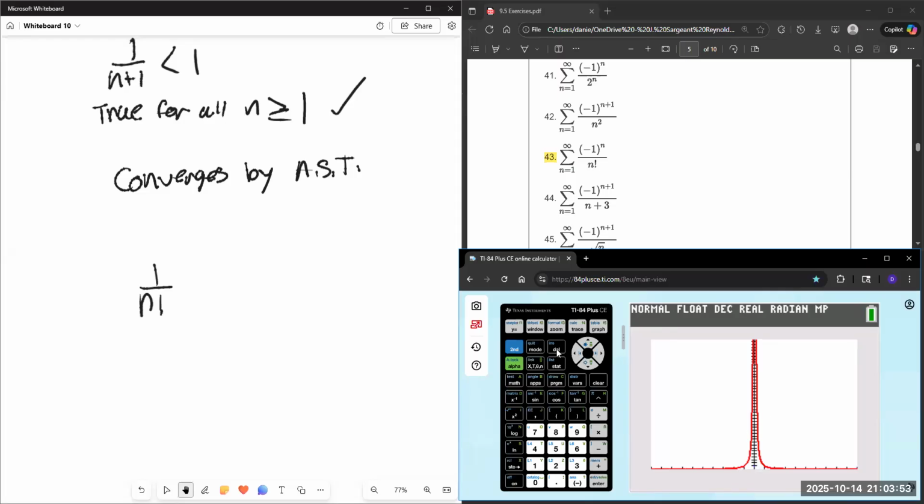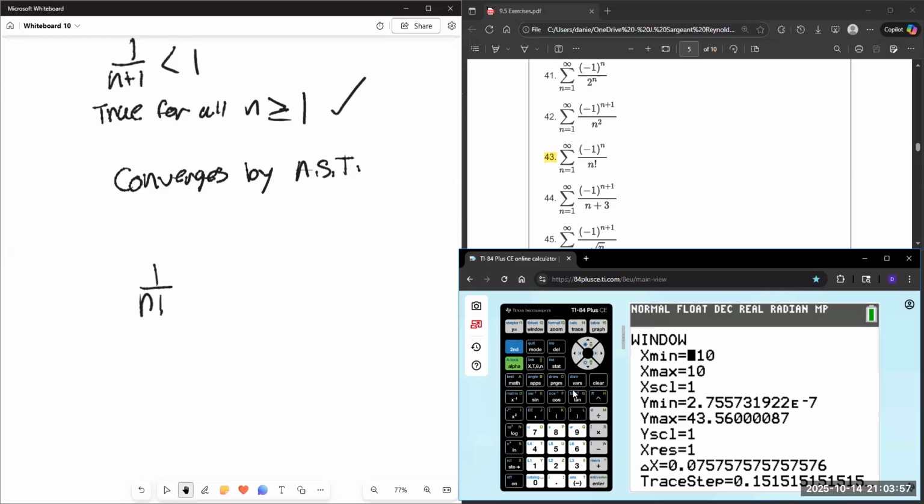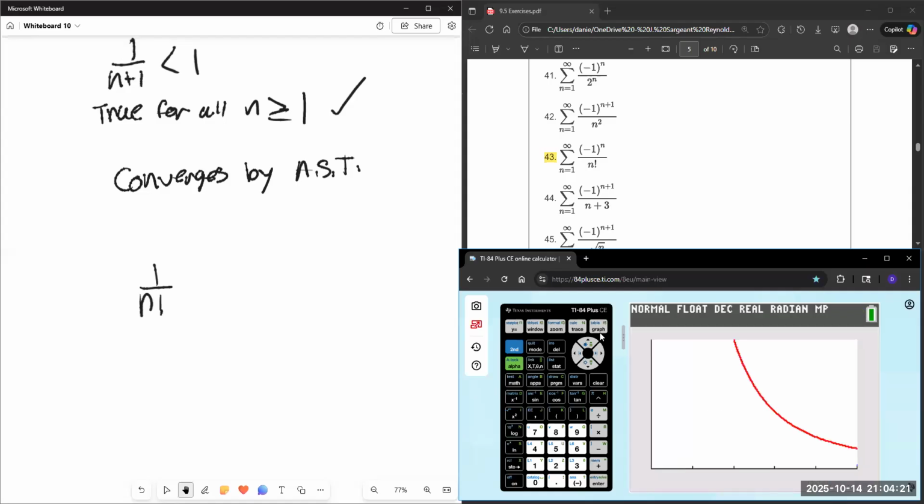I can't see it. So let me get really small here. Window 0 to maybe 0.25. No, 0 to 5. I want to go 0 to right here because we're staying so small.